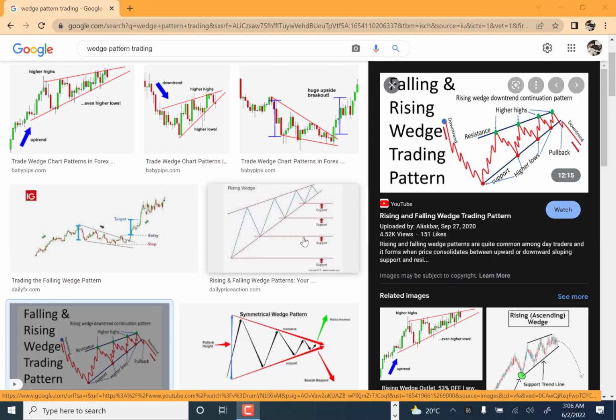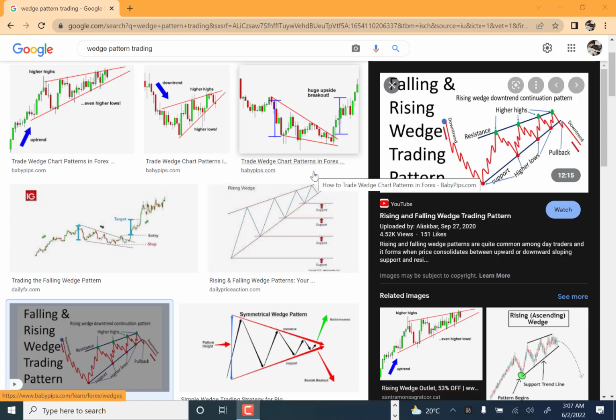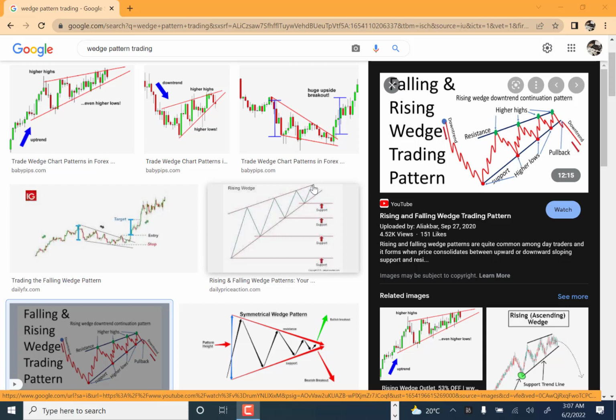So the idea is a rising wedge pattern. I just wanted to first of all show you what a rising wedge pattern looks like. Basically, wedge patterns have a series of higher highs and higher lows, but you can see the prices are struggling to print higher highs, meaning that eventually it will succumb to this trend support to the downside.